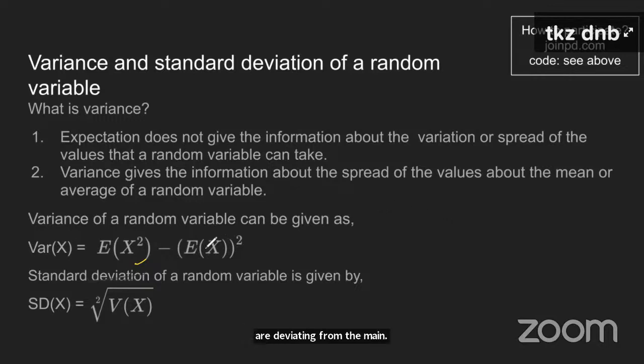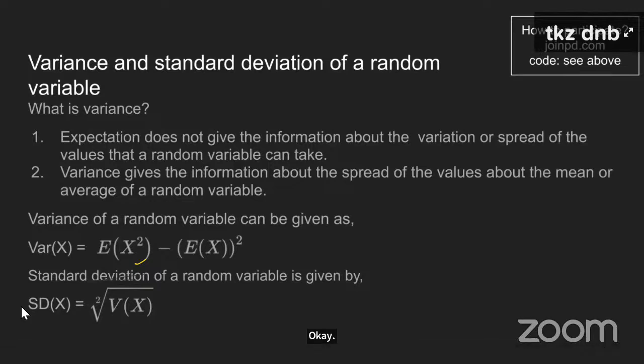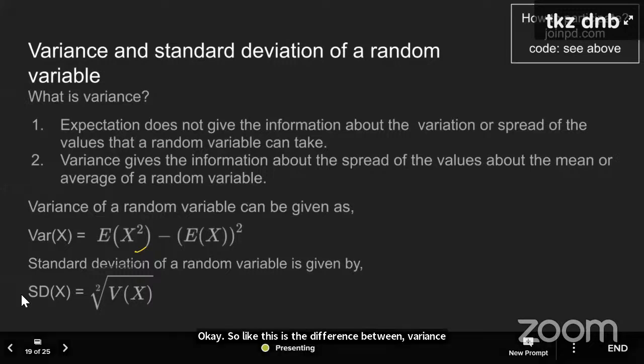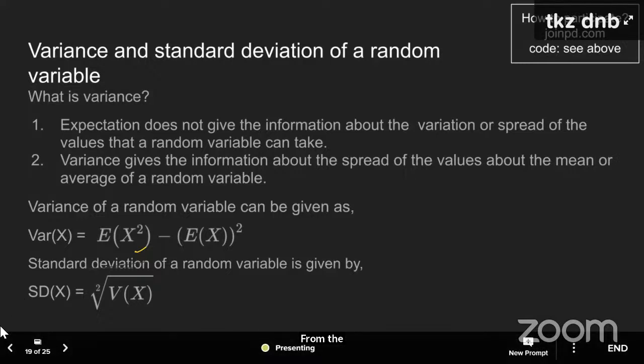The standard deviation is the square root of the variance of x. Expectation does not provide information about the spread of the values from the mean, and variance has that significance: it gives the deviation that a random variable can take from its mean value.